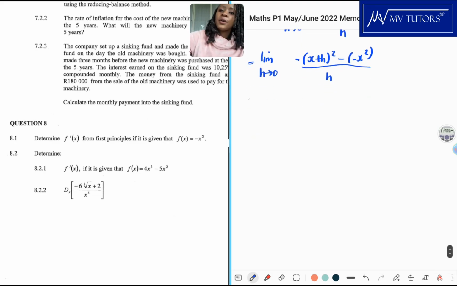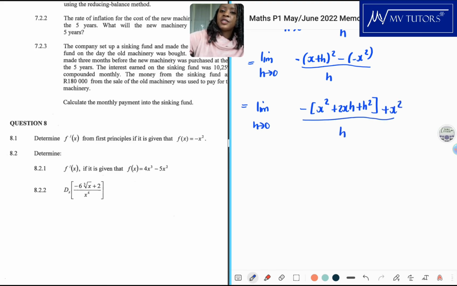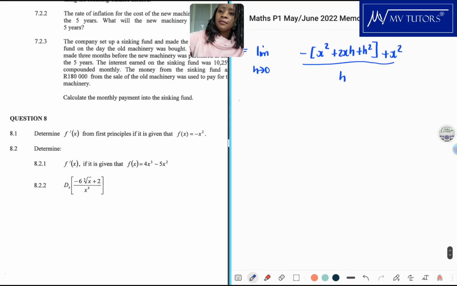Okay, so now we're going to multiply it out. So I have negative on the outside, I have x squared, x plus h times 2, that will be 2xh, and then h squared. Okay, and then I have plus x squared, and that is all over h. Again, we don't leave the limit out.